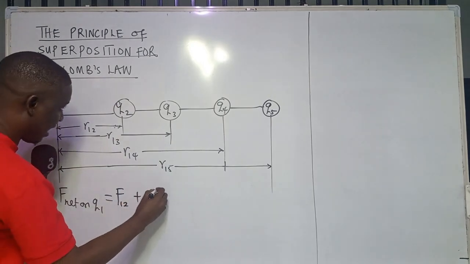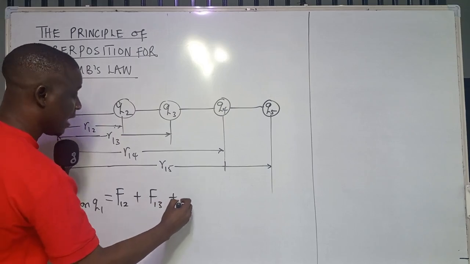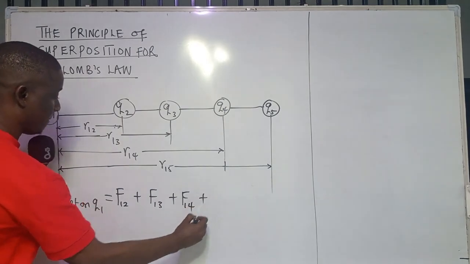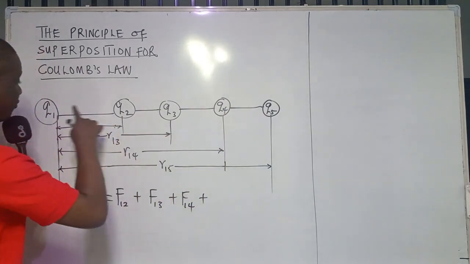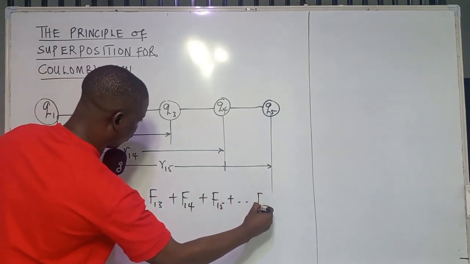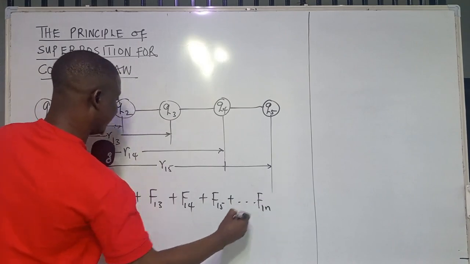Vector sum, that means F12, F13, that means force of this one on this, F14, then force of Q5 on Q1, F15, and so forth and so on down to F1n.